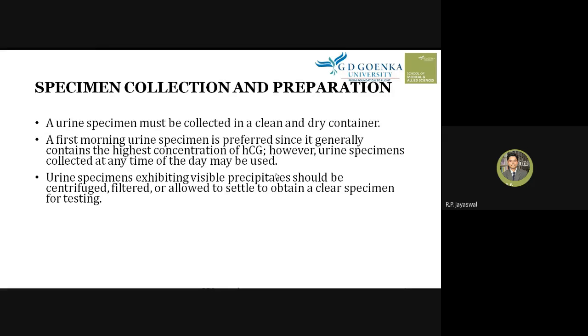In such a condition, we need to centrifuge to remove the turbid part, or we can filter it, or allow it to settle so that we can obtain a clear specimen. The clear supernatant or the filtrate can be taken for doing the pregnancy test.